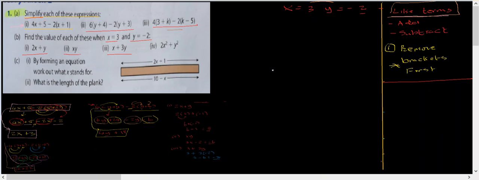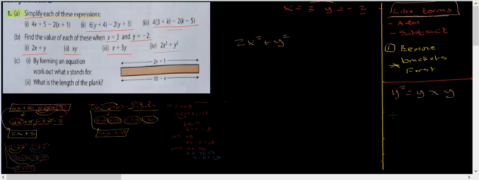So the next one then is this. We have 2x raised to the power of 2 plus y raised to the power of 2. If we take y to the power of 2, that means y multiplied by y.